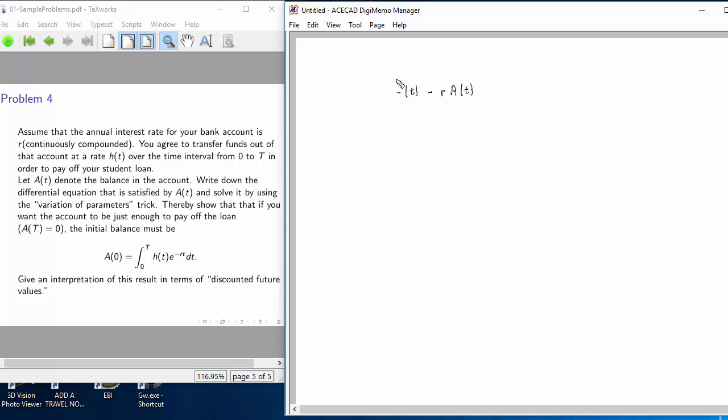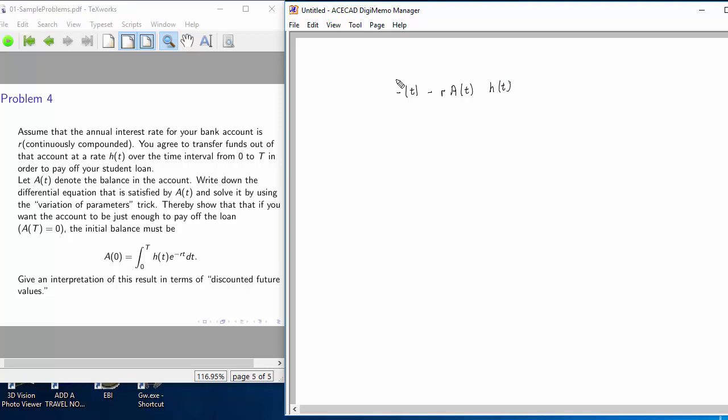If the interest rate is r, the effect of that is to cause your bank balance to increase at a rate equal to the interest rate times the balance, but you're also taking money out of the account. So this is the differential equation that governs the growth of your bank balance.